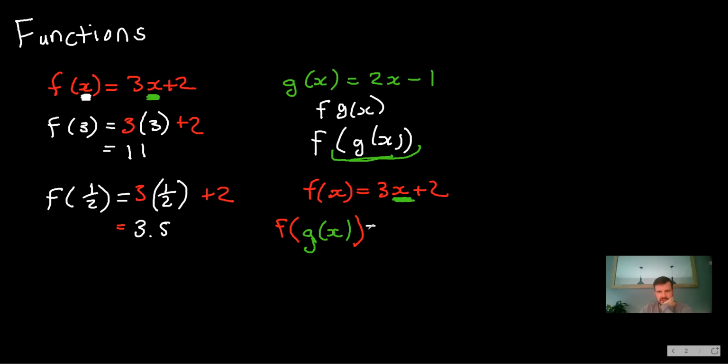So in other words, I'll write it as y equals 3, but now where I see an x, I replace that x with a 2x plus 1. Sorry, minus 1.